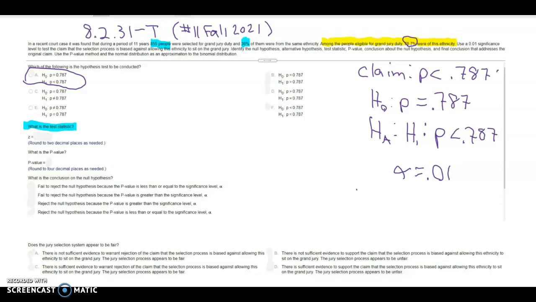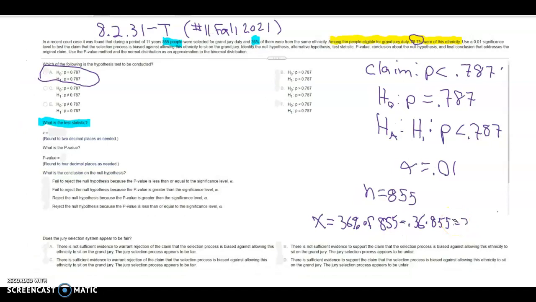So we'll write that to the side. n equals 855, and x is going to be 36% of 855. Well, that is 0.36 times 855, and we'll calculate that.